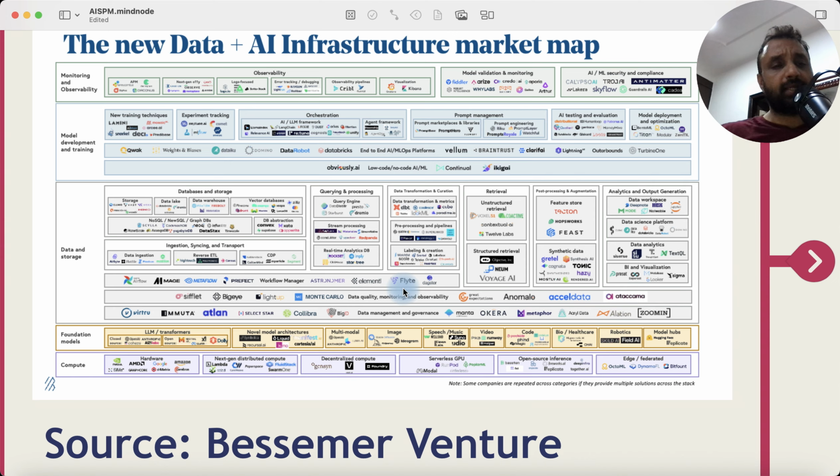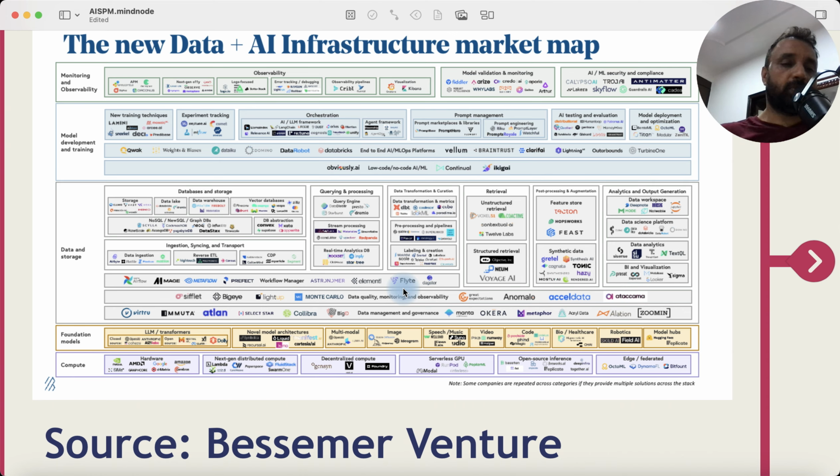The next layer is data and storage. That could include databases, querying engines, data transformation and curation engines, and it can also include retrieval, post processing and augmentation components, analytics and output generation. And it's a large landscape. It's not essential for us right now to cover all the components in detail, but what I'm trying to convey here is how the AI infrastructure is layered.